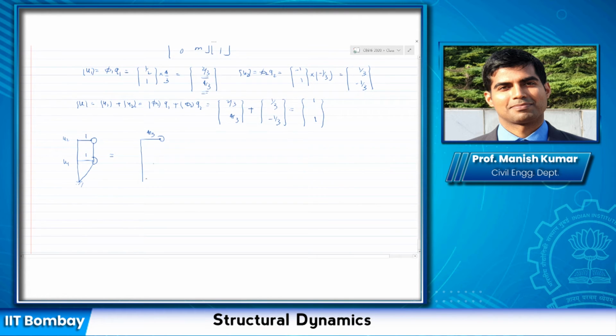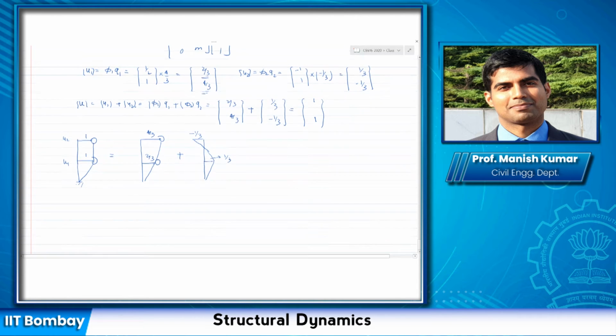So let us call this 2 by 3 plus minus 1 by 3 at mode 2. It would be in the negative direction, opposite to minus 1 by 3, and then at this point positive 1 by 3.